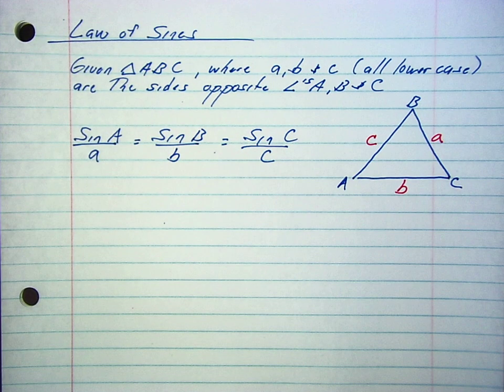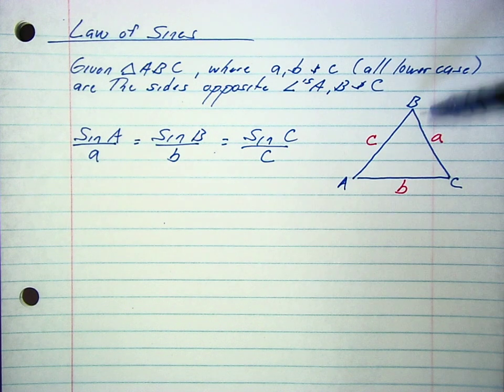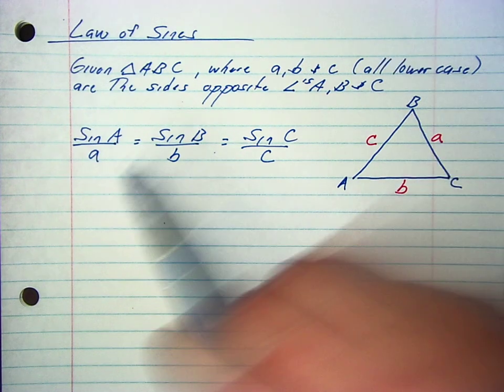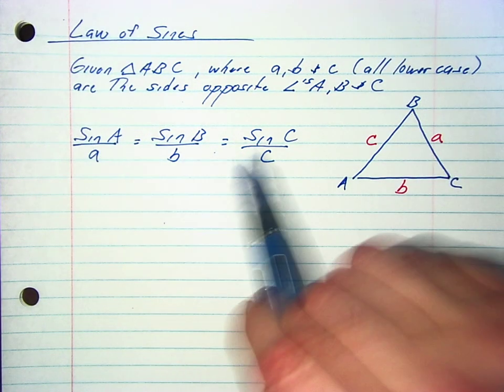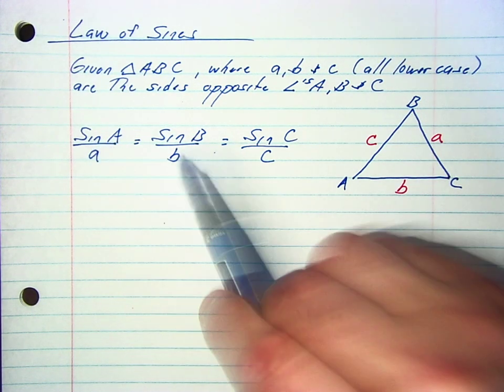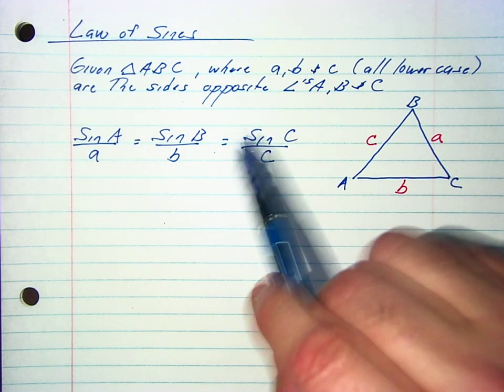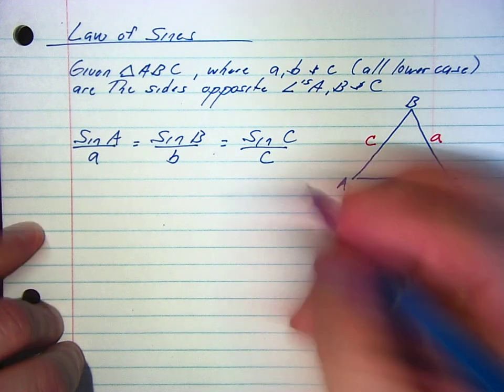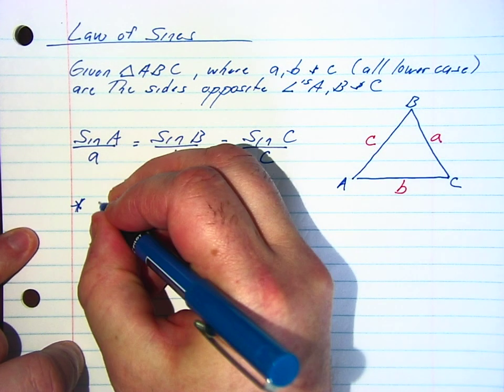Now what we're going to do with it is you're going to be given some of these measurements, 3 of them, and you're going to have to find the other 3. So we're going to look to use two of these fractions to set up a proportion that you can then cross multiply and solve. So that is ultimately what we're going to be doing. I'm just going to write that down.